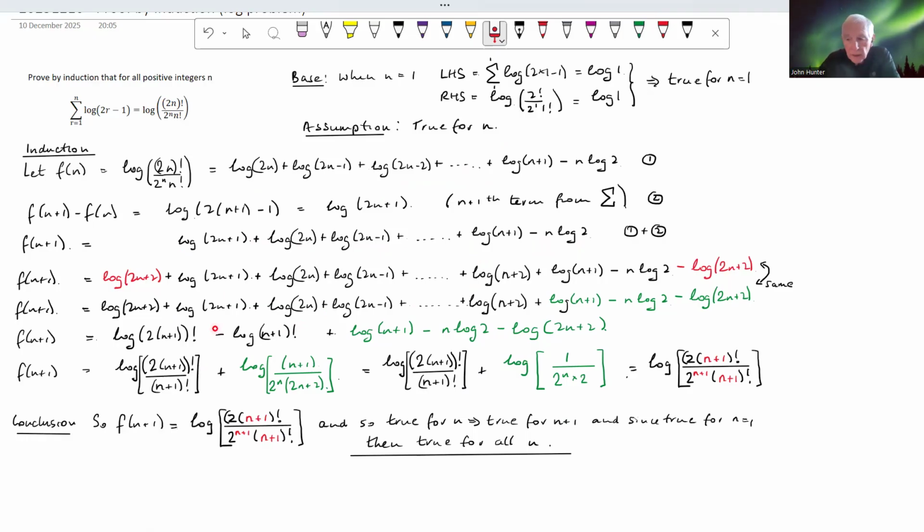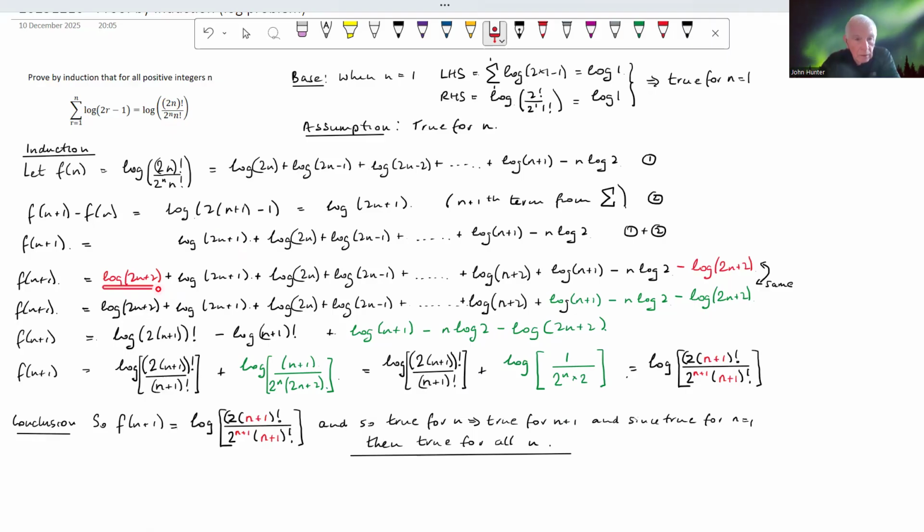Now this is the trick really, and this is what makes this rather difficult: this term doesn't really go far enough. If we want to actually show this here, what we want is 2 times n plus 1, which is 2n plus 2. So we need a log of 2n plus 2 term.